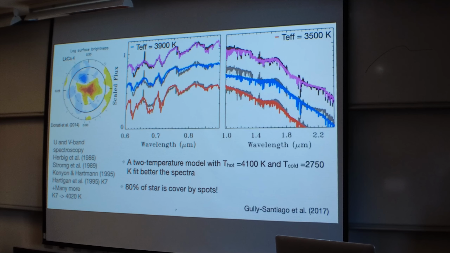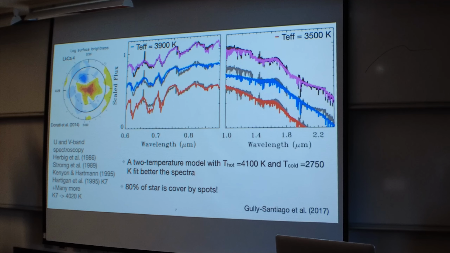So this is actually just the low resolution spectra they got. They have a high resolution one where they measure the temperature as a function of wavelength for the H and K band, and they do have two best fit values. So there's a little bit of degeneracy, but of the range around 80%, the lowest they can get is about 76% spot coverage.